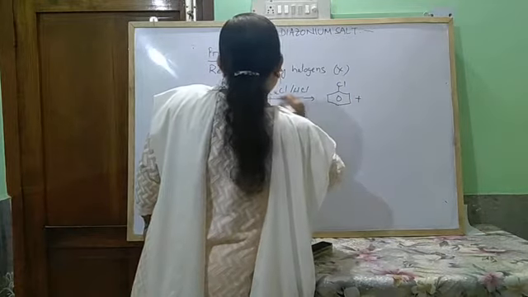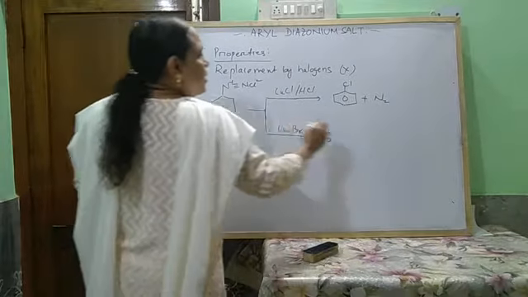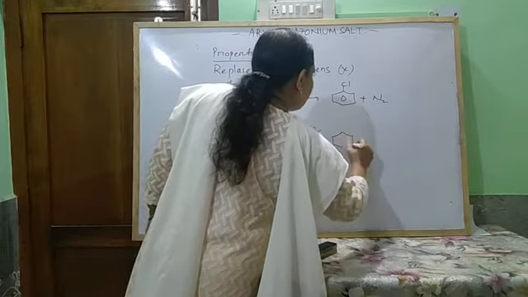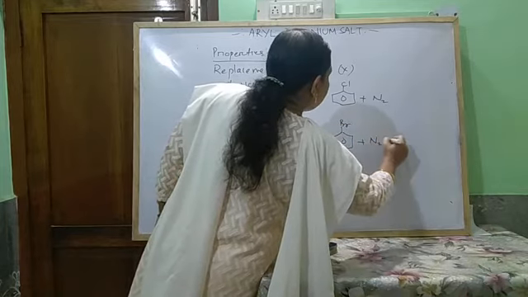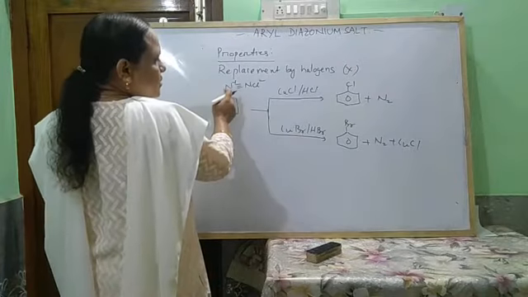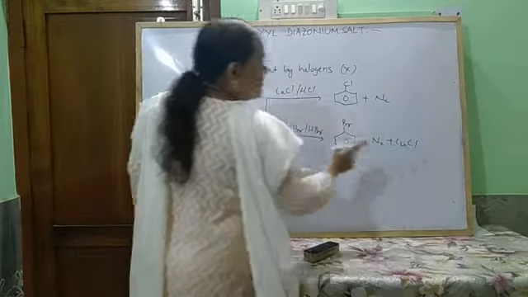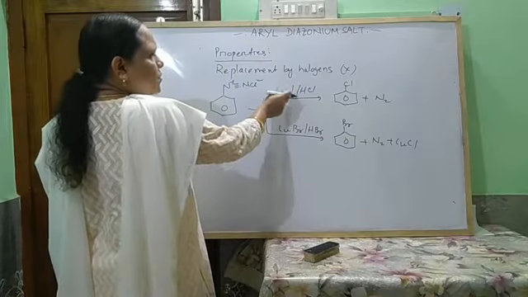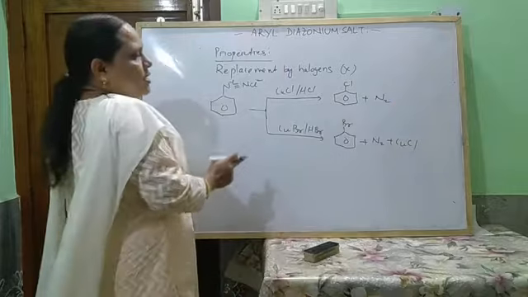chlorobenzene plus N2, and here also bromobenzene plus N2 plus CuCl. Bromine is substituted here and this Cl is removed as CuCl, and here also chlorine is substituted and this chlorine is removed as CuCl.